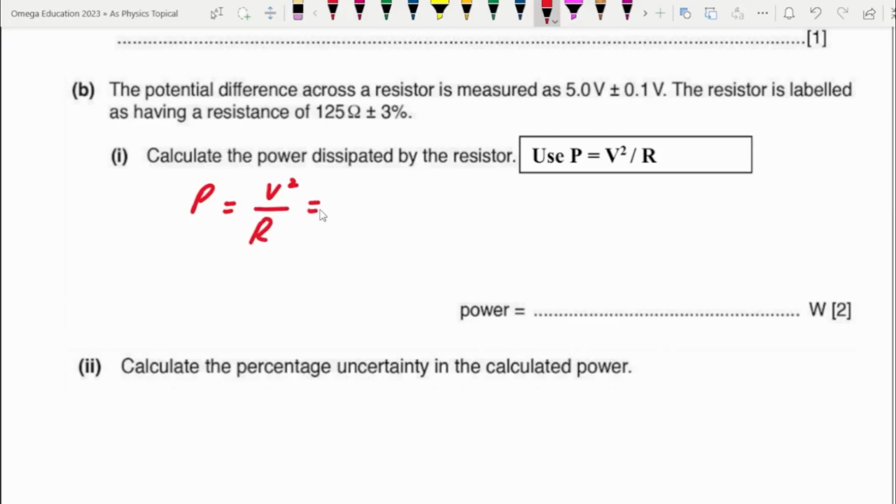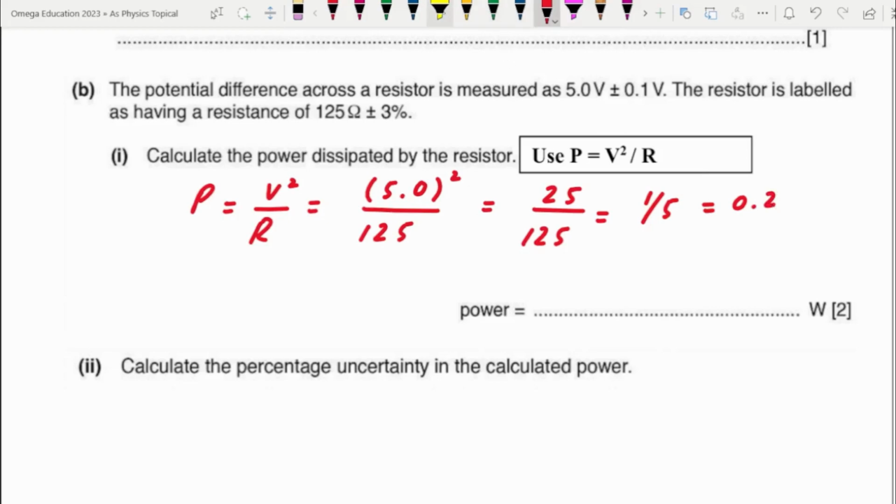In the first part they have just asked you to calculate the principal value, not the uncertainty. Uncertainty they have not asked for now. So what do you get? You get 25 divided by 125. So you get 1 over 5, which is 0.2.